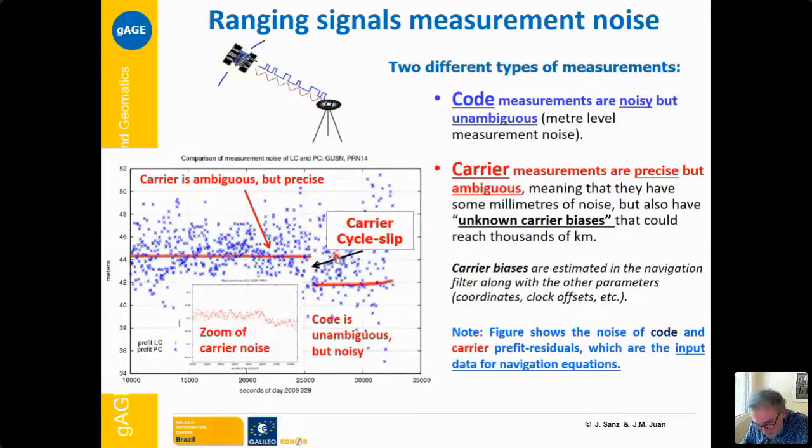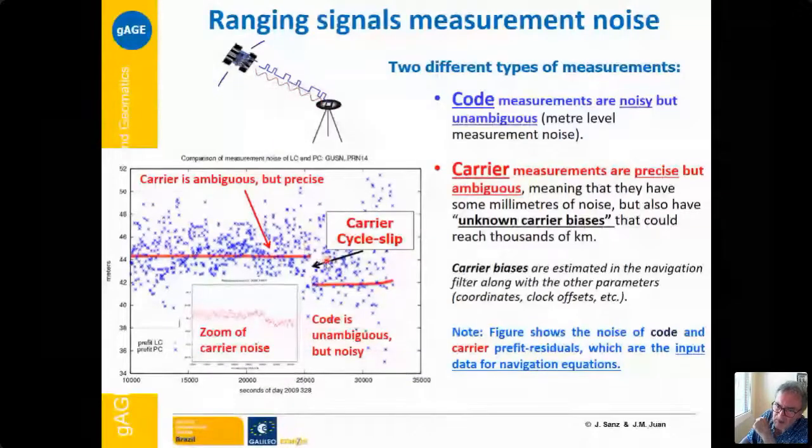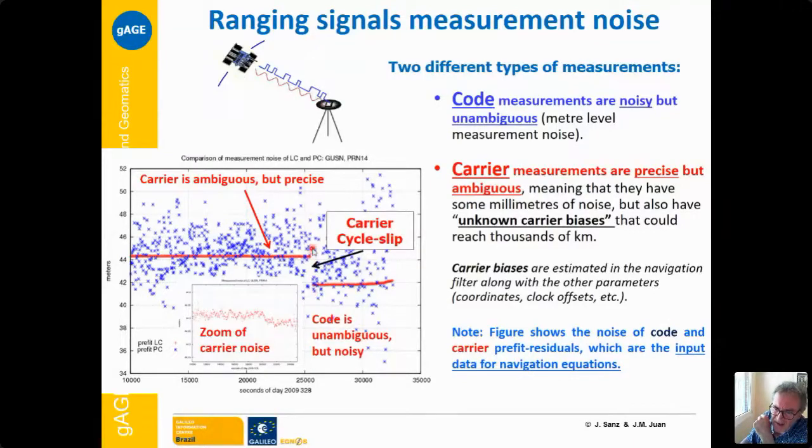It means that every time we lose the signal, when we lock the signal again, there is a jump by an arbitrary number of cycles. This is what we call cycle slip.